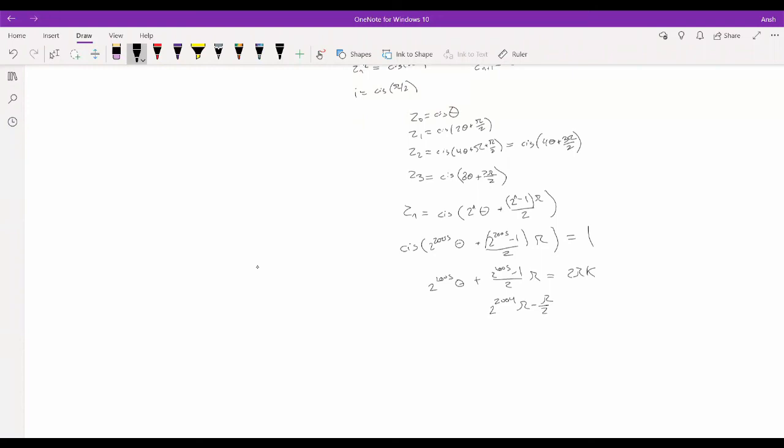Well, 2 to the 2004 pi is obviously a multiple of 2 pi k, so we can just ignore that. So what we get left is 2 to the 2005 theta minus pi over 2 equals 2 pi k. So that means 2 to the 2005 theta equals 2 pi k plus pi over 2.